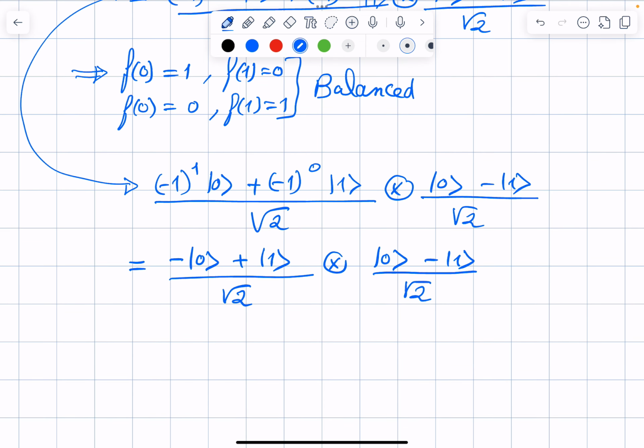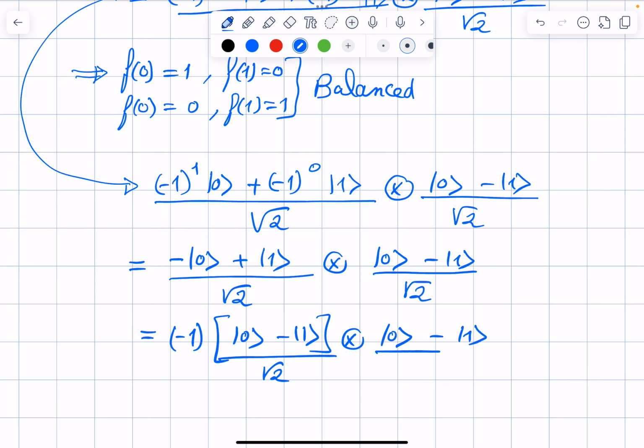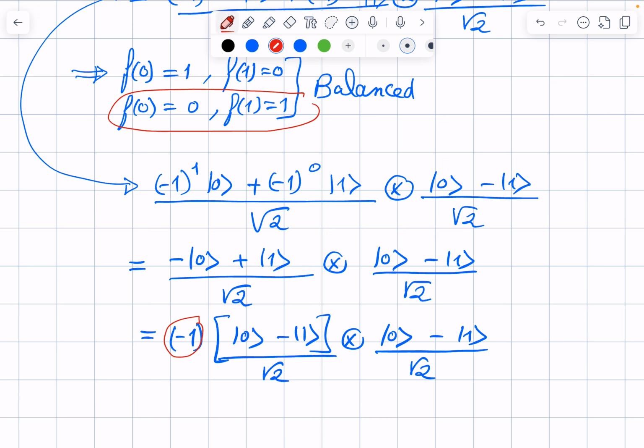All right, we can write minus 1 as common factor: 0 minus 1 over square root 2 tensor with 0 minus 1 over square root 2. Of course, as we said, we could have taken the other value. It's going to yield just a different sign, here it is going to be plus. But anyhow, this is okay and enough for the time being.